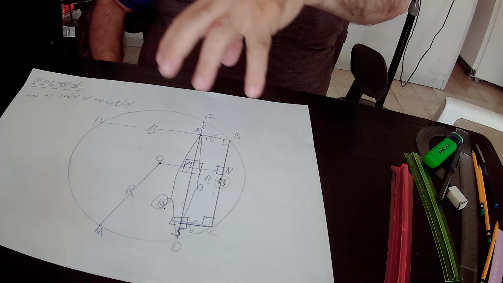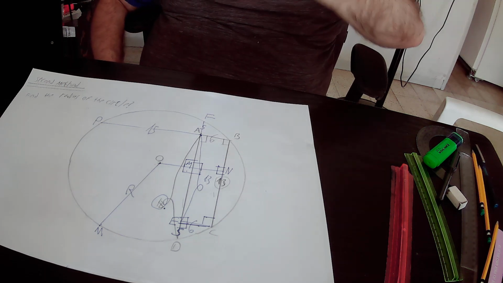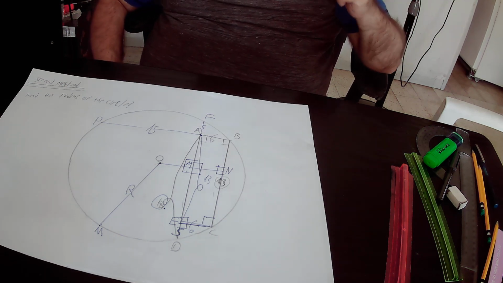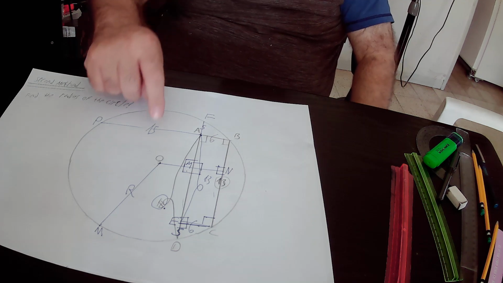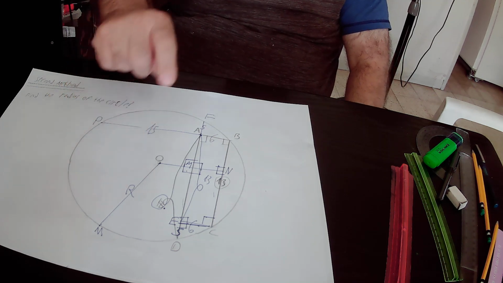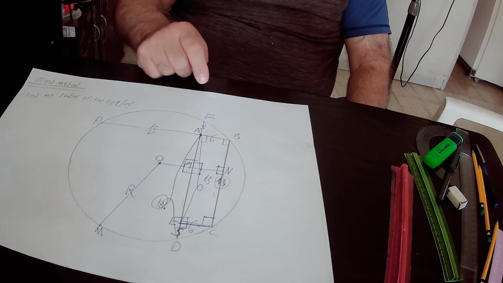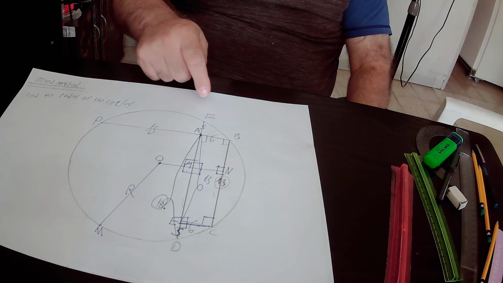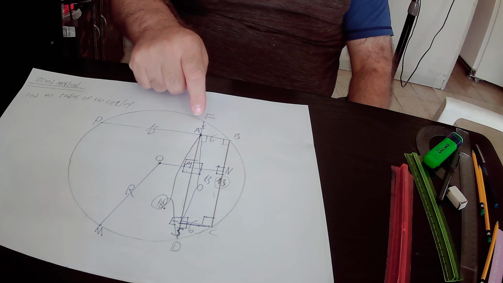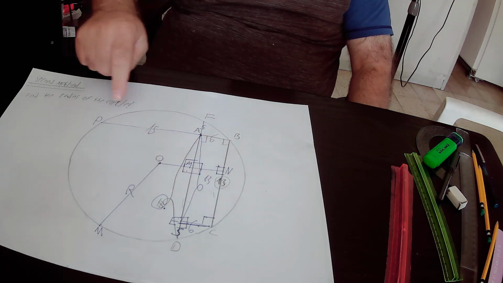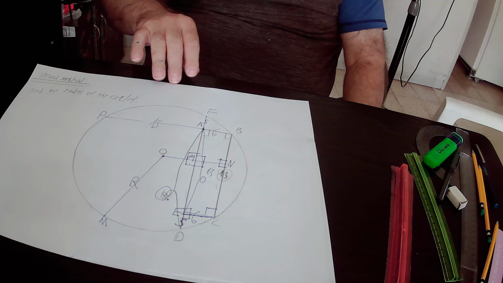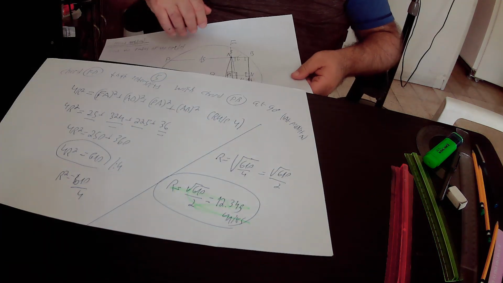That is to say the two chords are perpendicular to each other, therefore we can implement rule number 4. The radius of this circle is equal to capital R, and according to rule number 4, 4 times R squared equals FA squared plus AD squared plus PA squared plus AB squared.